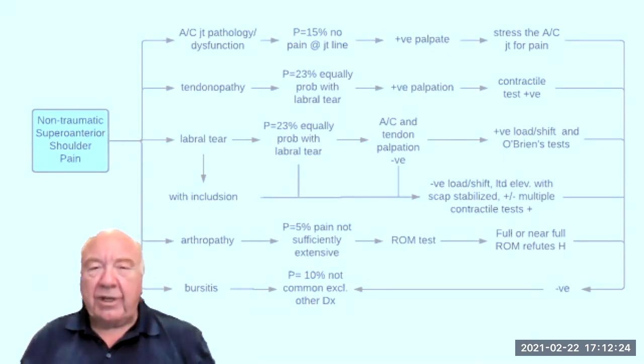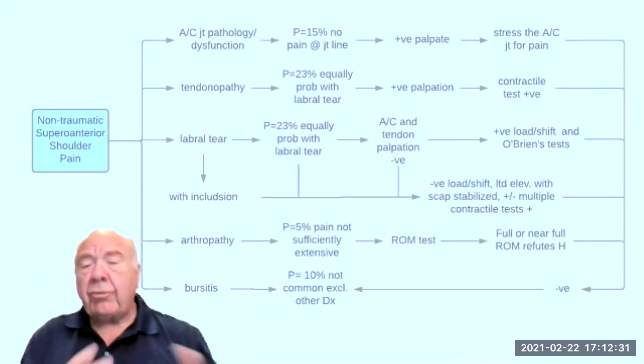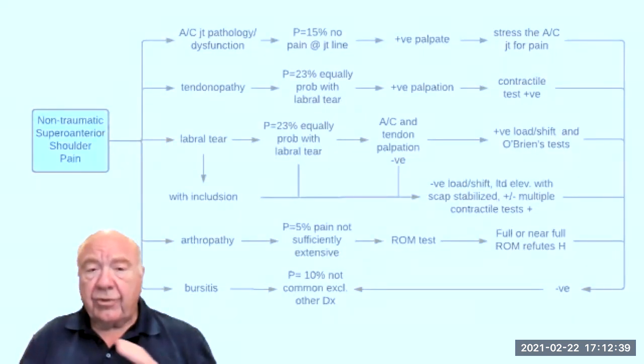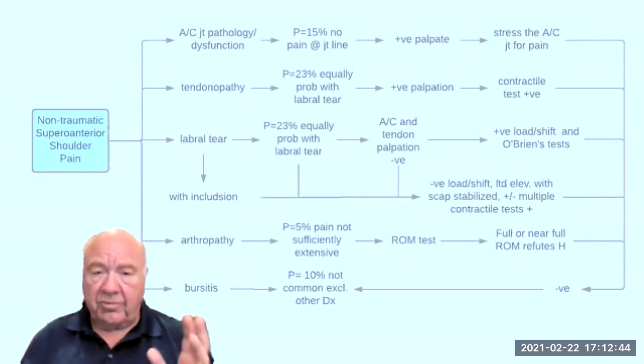If anything, I would guess I see more degenerative labral tears than I do see tendinopathies. But they're also going hand in hand with a tendinopathy occurring because of overworking, trying to stabilize the humeral head. So it's not surprising to see these two things together. And the obvious tendinopathies here are supraspinatus and biceps, those tendons being right in front there.